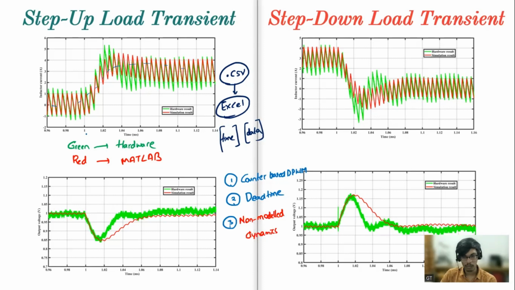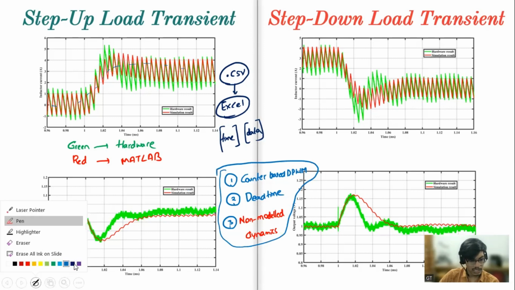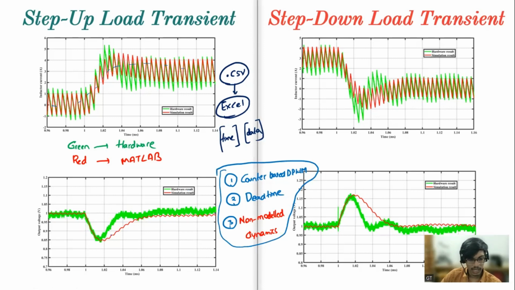So with what MATLAB can offer, these are the matchings that we are getting, and by incorporating these, we can get somewhat better results and somewhat better matching. But this is what has been observed, and there is some mismatch. So in the simulation, it is somewhat over damped, whereas in the hardware it is somewhat more damped. Again, it could be because of some aspects that we had not included in the simulation.